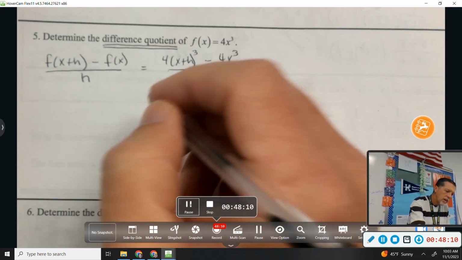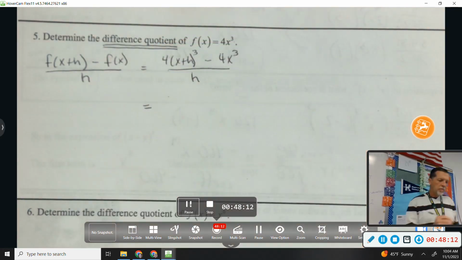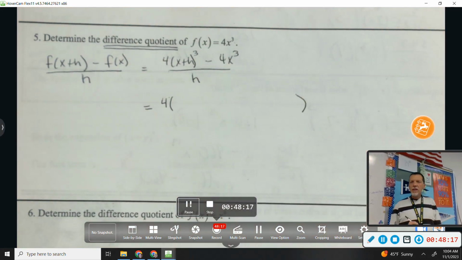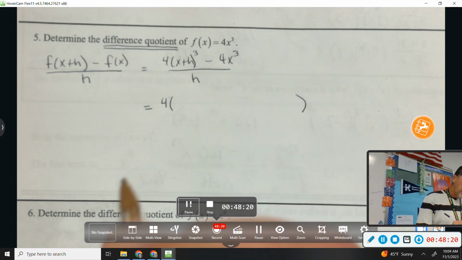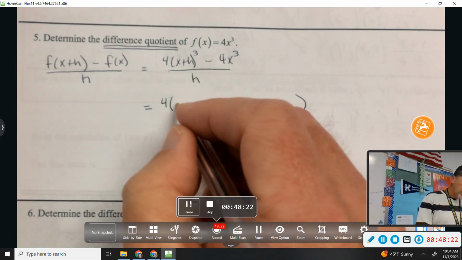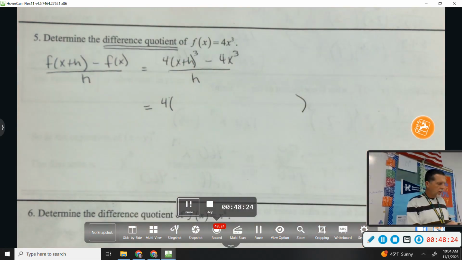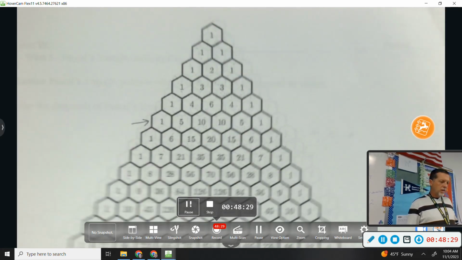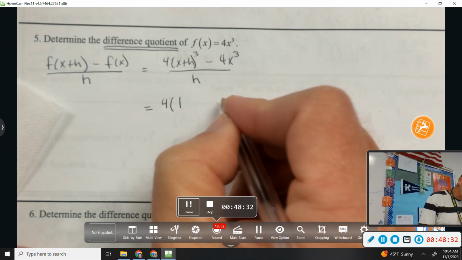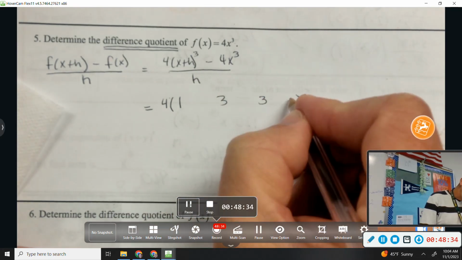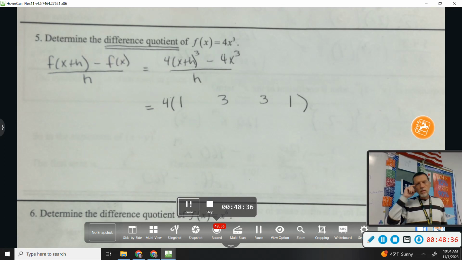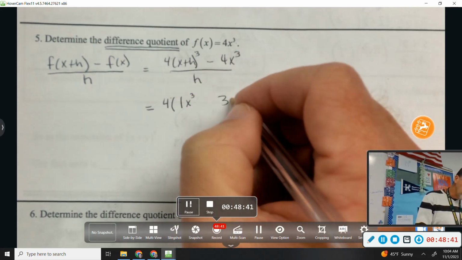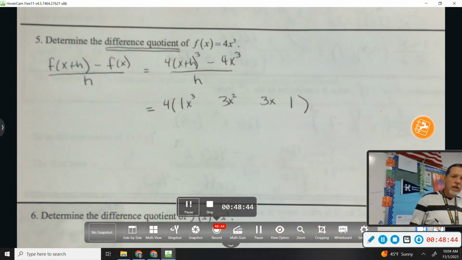And so now for the fun part, x plus h cubed, but we have a shortcut for that. The coefficients for the cubic row, again, we gave you your nice 1, 3, 3, 1. So I'm going to put those in first. And then my x's will start at cubed and go down to nothing.